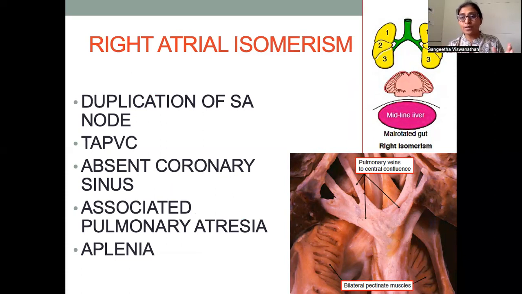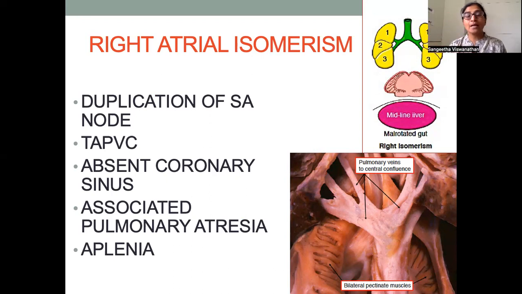So right atrial isomerism, we have already discussed a little bit, but again, here you have two right atria. So you can have two SA nodes. So on the ECG, you can have two different P waves. Then you have total anomalous pulmonary venous connection, which is quite common. Because the coronary sinus is a left atrial structure, coronary sinus will be absent in right atrial isomerism.